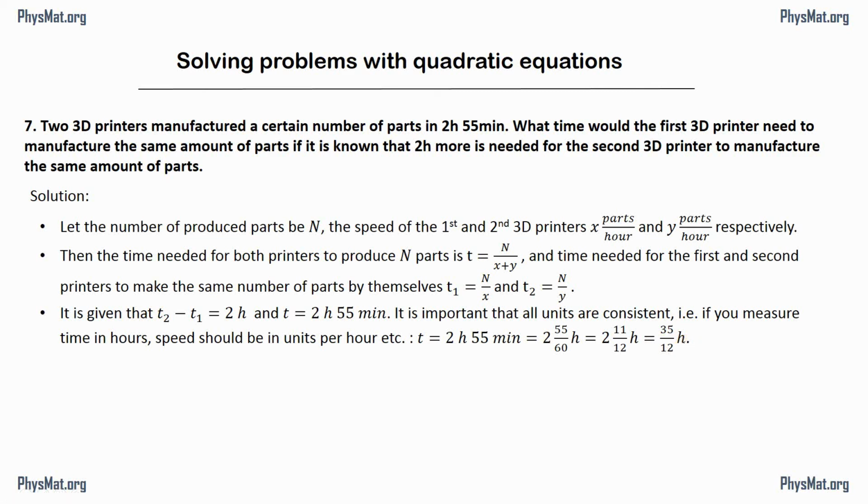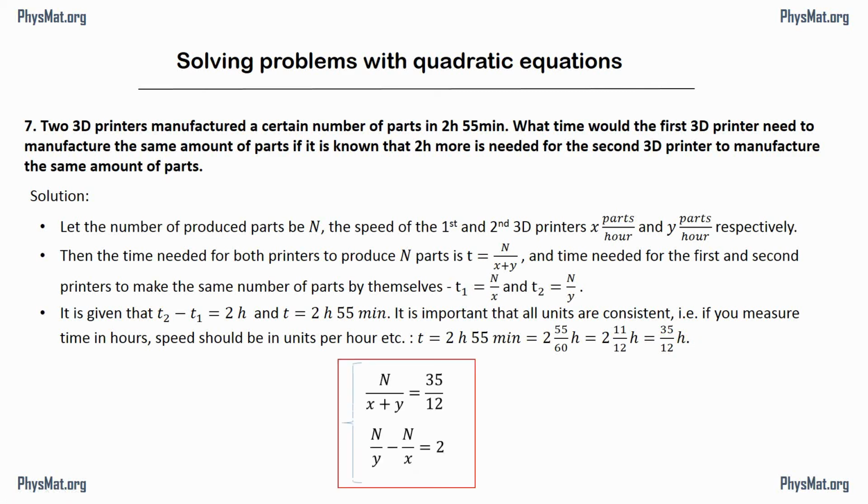So now we are ready to write our equations, which will be n divided by x plus y is equal to 35 twelfths, which is the time needed for both of them to manufacture the number of details n, and n divided by y, which is t2, minus n divided by x is equal to 2.